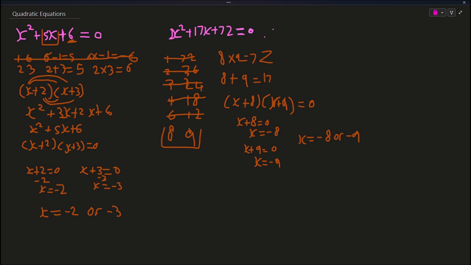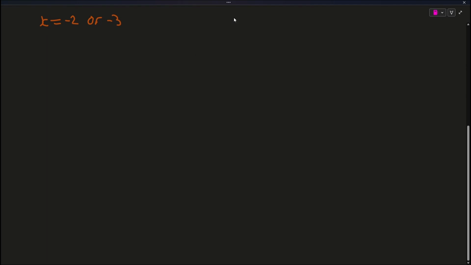So let's go through 2 more examples. Let's say you had a minus number. So let's say you had x squared plus 5x minus 6 is equal to 0.